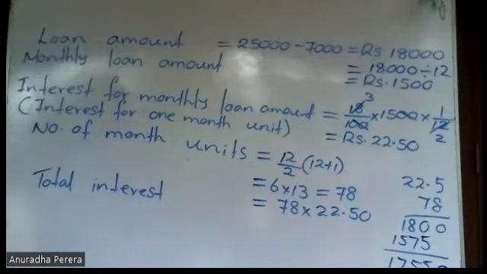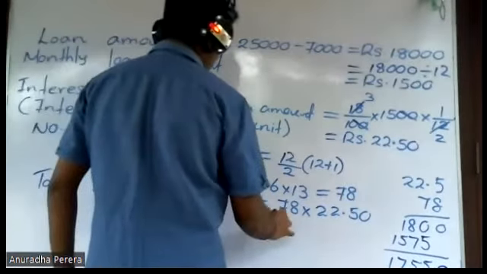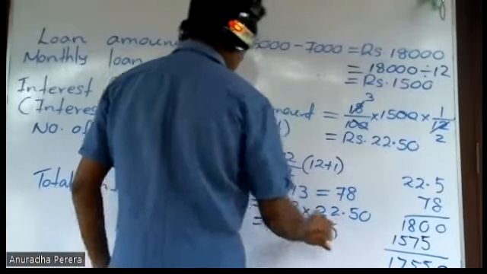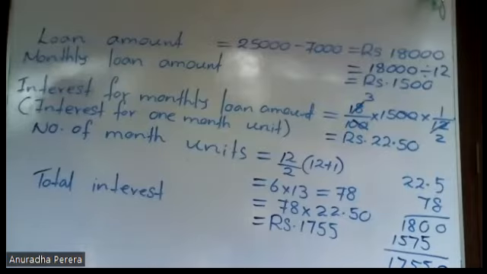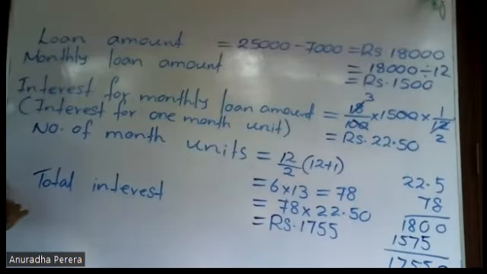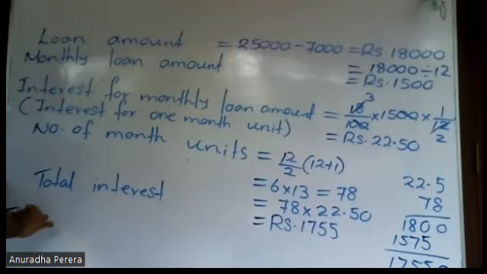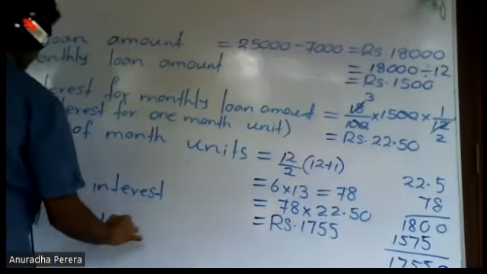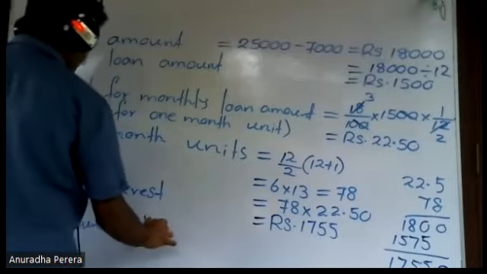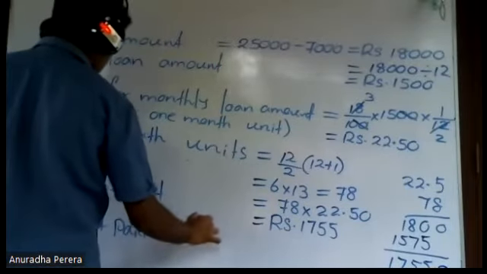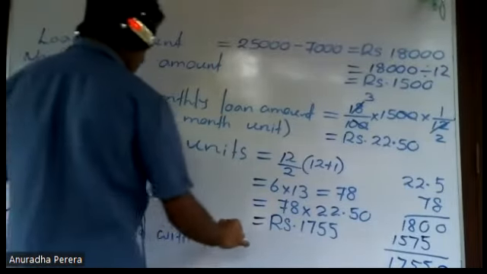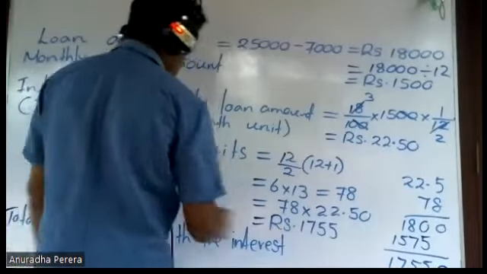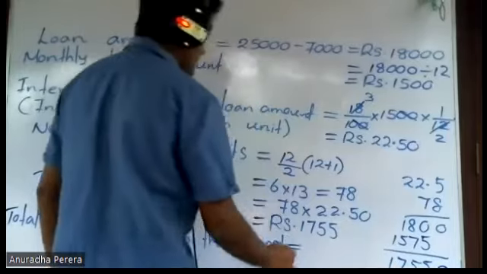It is 1,755. Then total amount paid with interest. The loan amount is 18,000.